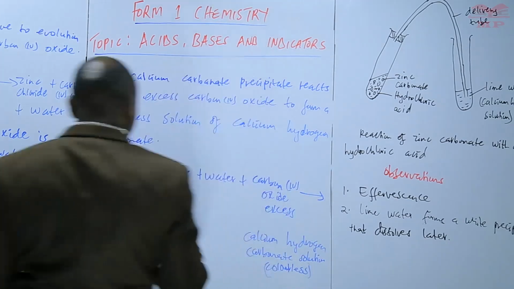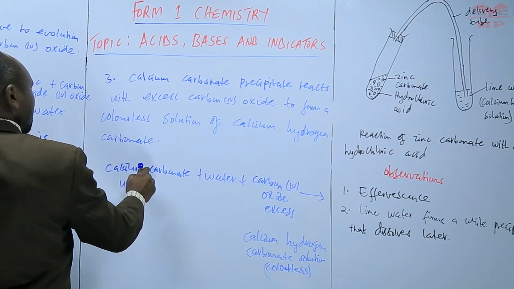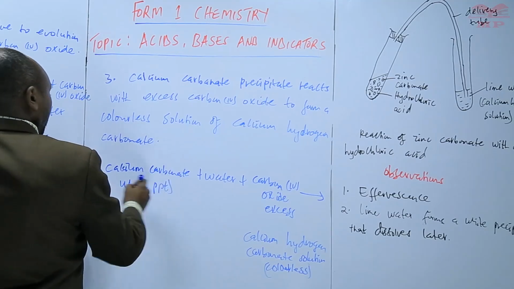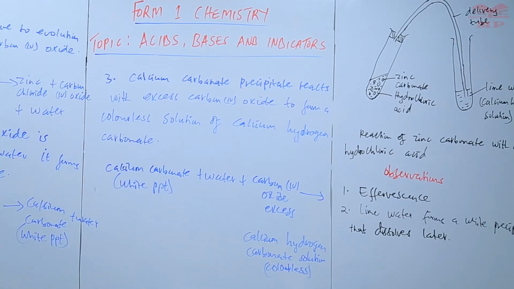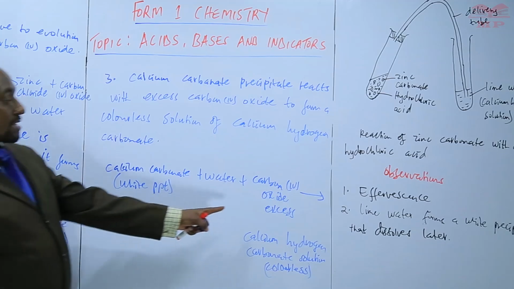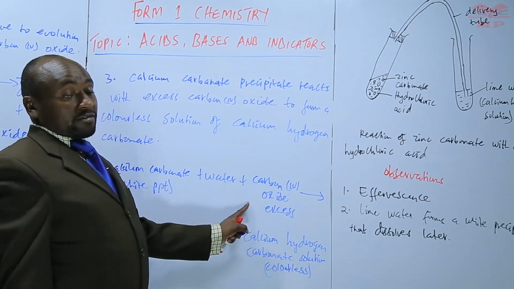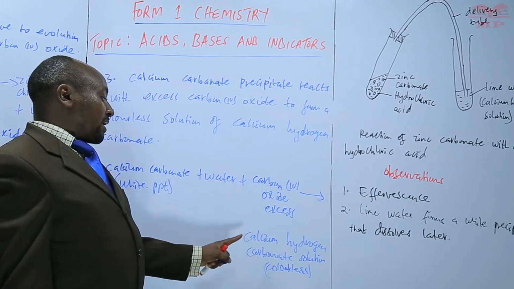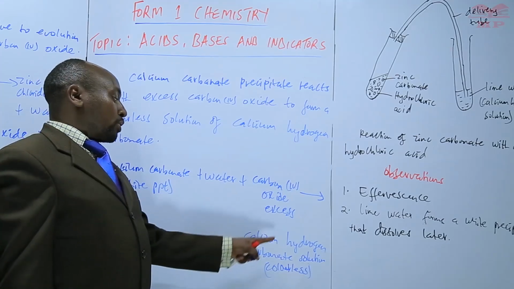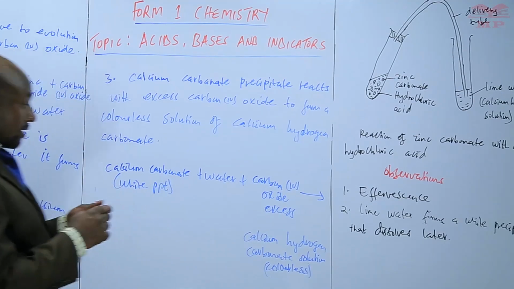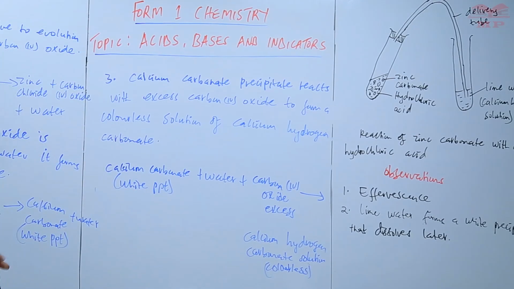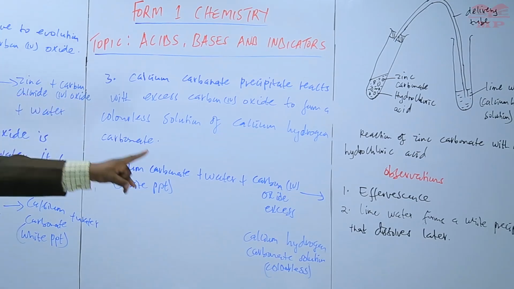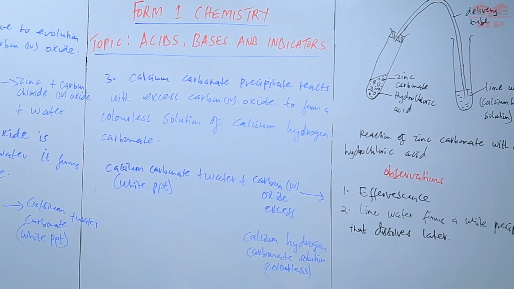So that is why the white precipitate or the white cloudy substance, when you add excess carbon dioxide, is dissolving because of the formation of calcium hydrogen carbonate solution. So there are three explanations. One, effervescence, because there is carbon dioxide being produced.